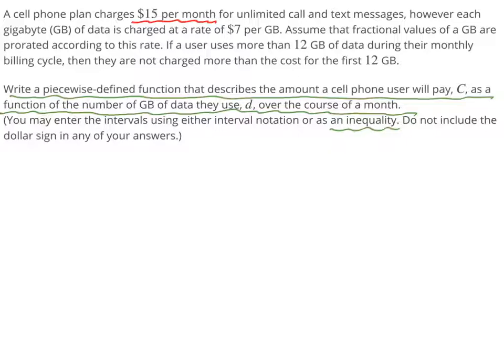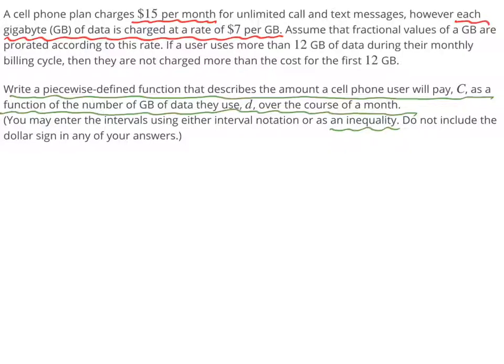You make no calls, and send no texts, and you're still going to pay $15 that month. But then it also says that on top of that $15 a month, you're going to pay $7 per gigabyte of data that you use.